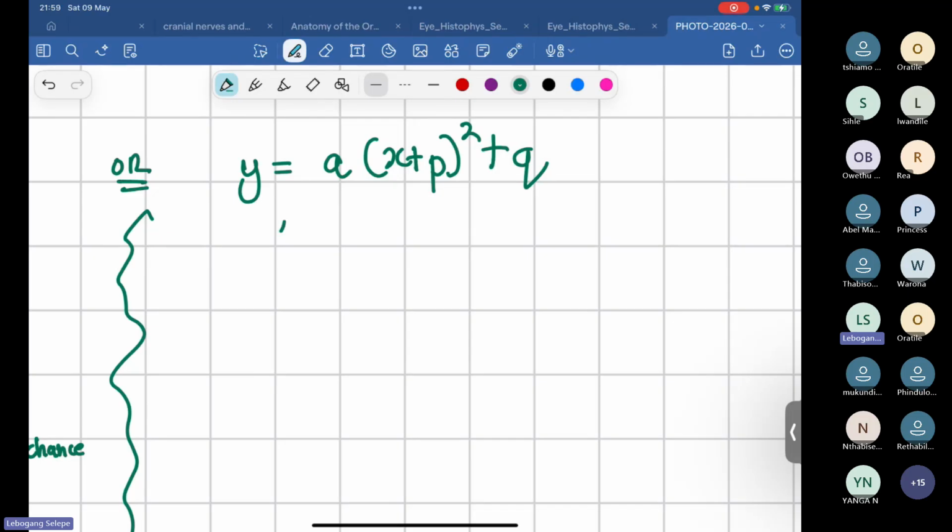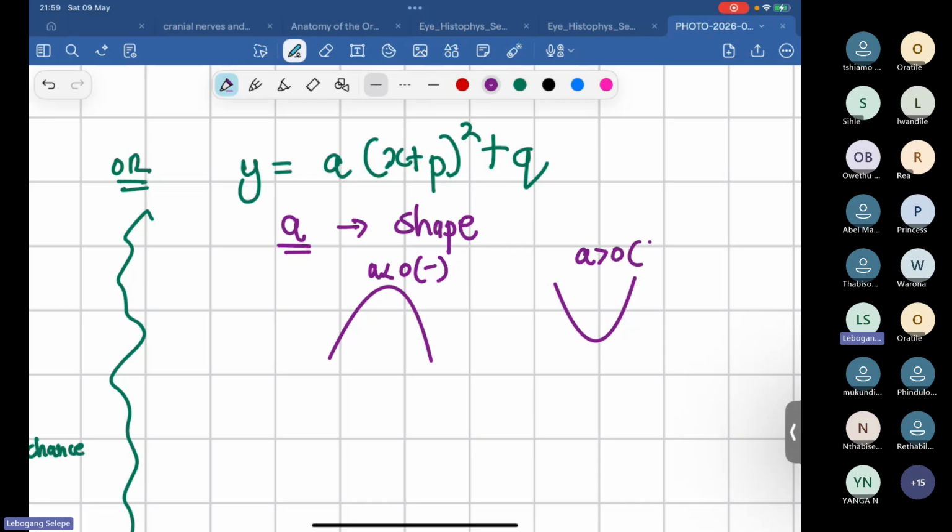This doesn't change: A is still showing you the shape of the graph. It tells you whether you have a concave down function or a concave up function. We are still saying that if A is less than 0, which is negative, it's going to look like that. If A is positive, it's going to look like that, right?